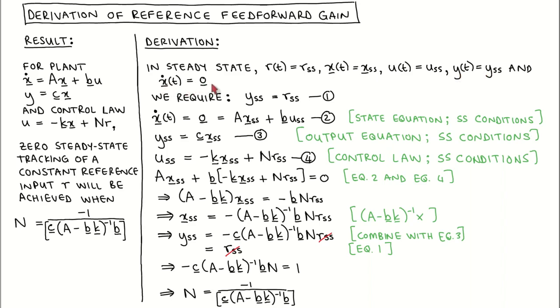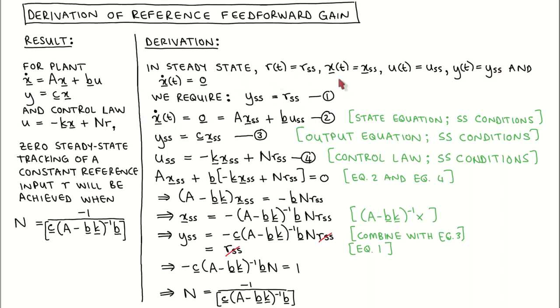For zero steady-state tracking, we require the output to be the same as the reference input in steady state. We call this condition equation 1. We now set the steady-state conditions into the state equation and call this equation 2.